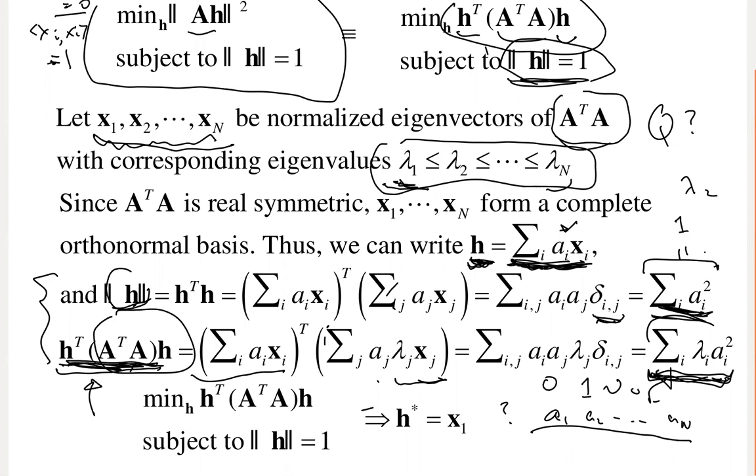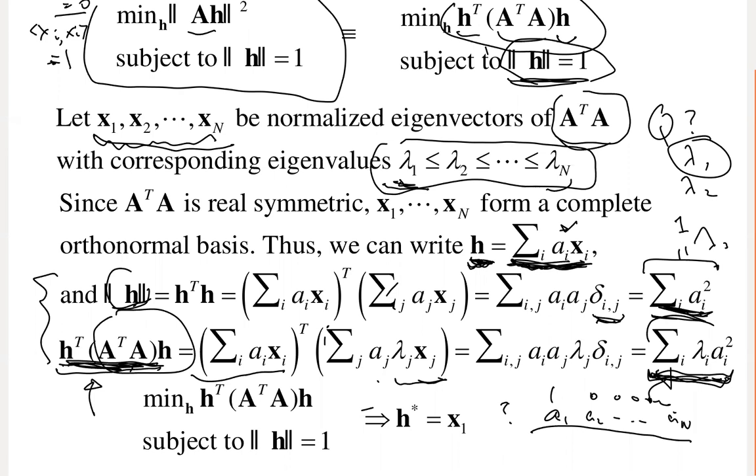But lambda 2 will be bigger than lambda 1, right? Or if I have 0, 0, 1 here, I will have lambda 3, but lambda 3 is bigger than lambda 2 or lambda 1. So the best thing I can do is simply assign a1 to be 1, and the rest will be all 0. In that case the value I will get will be just lambda 1, so the minimum value will be lambda 1.